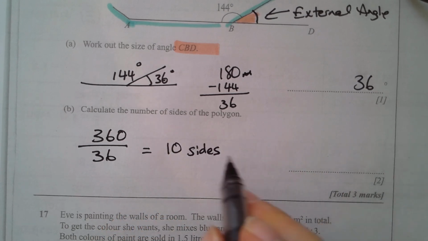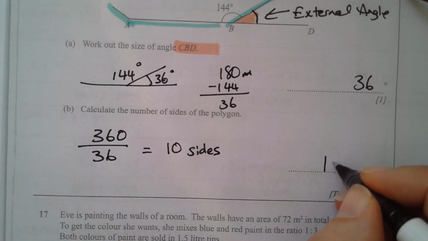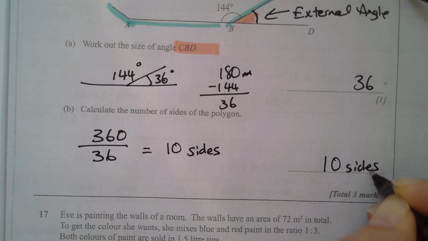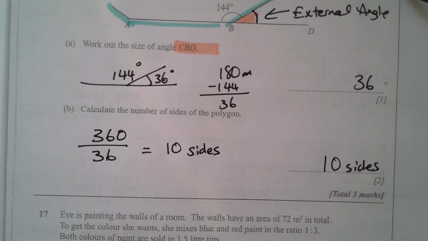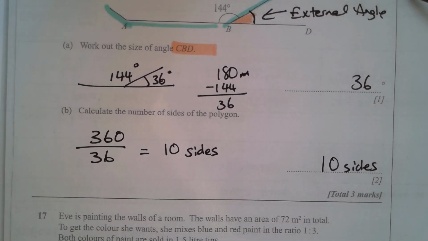So simply for 2 marks, if you knew this relationship, you can do it with internal angles. The calculation is more tricky and would take you a lot longer than 2 minutes to do. However, if you need to do internal first, you don't know that relationship with external angles, then that's fine too.